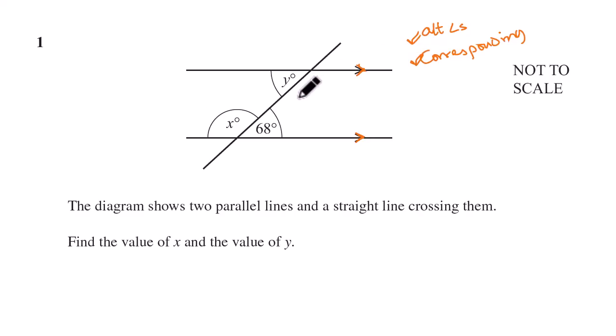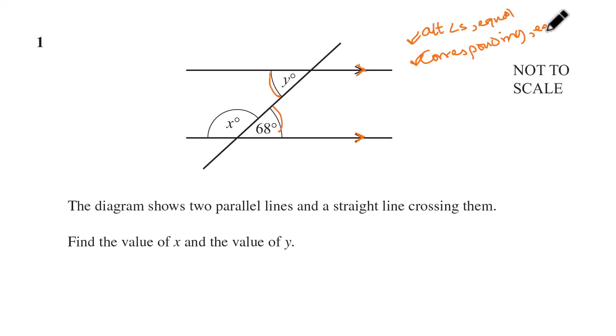Do you see alternate angles? Do you see corresponding angles? From where I am sitting, I can see alternate angles, and that is this angle and this angle. They are alternate to each other. And like I said earlier, alternate angles are always equal. The same thing with corresponding angles.